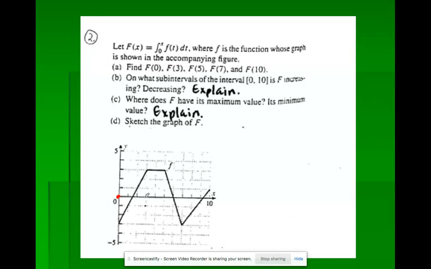At 3, I know I'm at 0. At 5, I'm up here at 6. At 7, I'm up at 6. And at 10, I'm at 3.5.